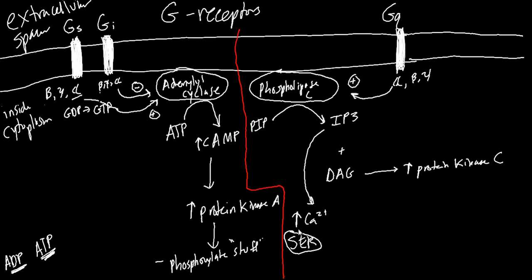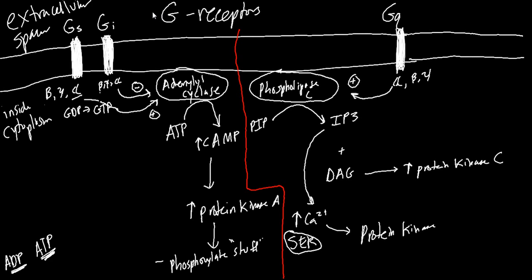It might be stored in other places, however, think smooth endoplasmic reticulum is going to release some of its calcium. Calcium inside the cell is going to do stuff. And what calcium is going to do is it's going to activate a protein kinase that's going to be calcium sensitive. And this protein kinase will phosphorylate stuff.